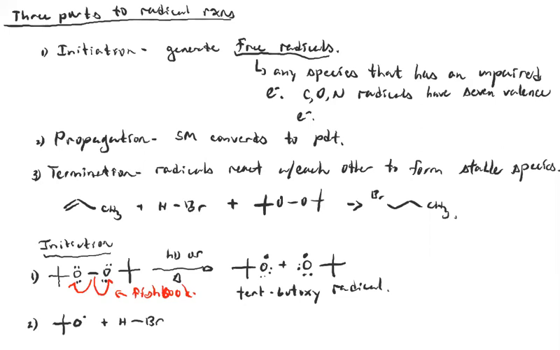Okay. And then in the second initiation step, that tert-butoxy radical is going to react with HBr. Because it has 7 electrons, it can only take 1 more electron. So we can't dump 2 electrons into this. We want to add an electron to get an octet. To do that, we're going to again use the fishhook notation.